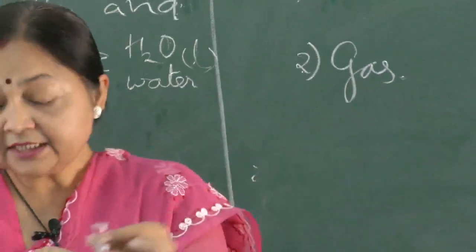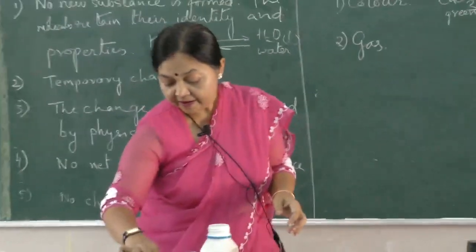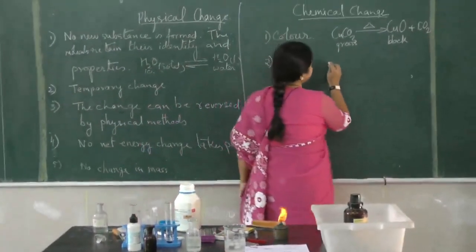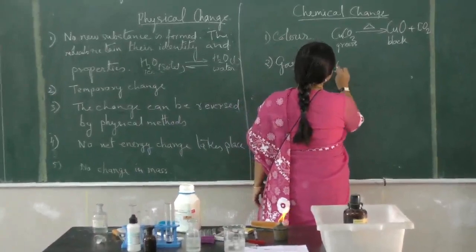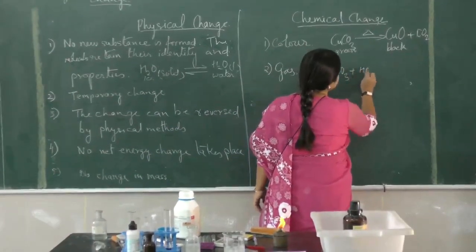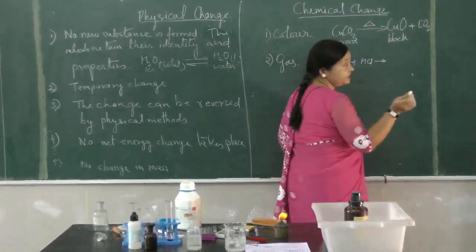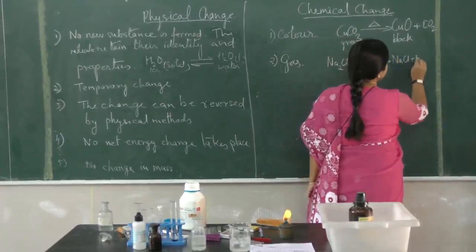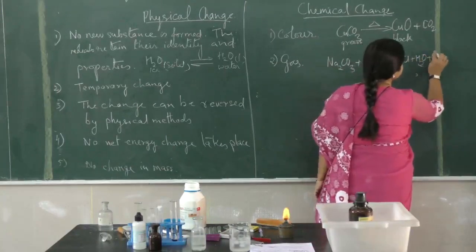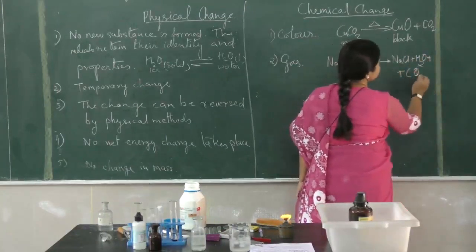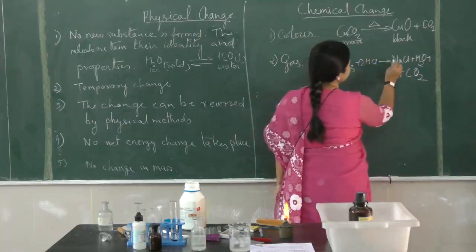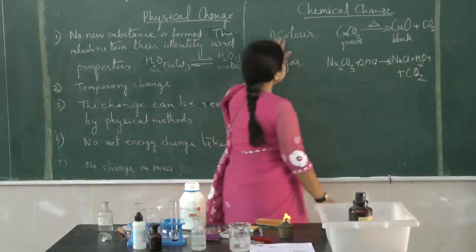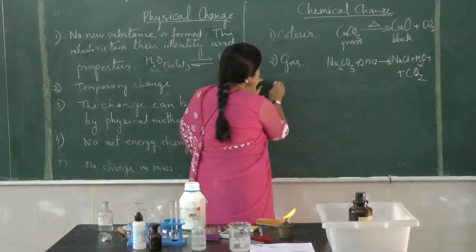This is another indication of a chemical change. So I have taken sodium carbonate and added HCl to it. Effervescence took place, it's a carbonate, so carbon dioxide is evolved.